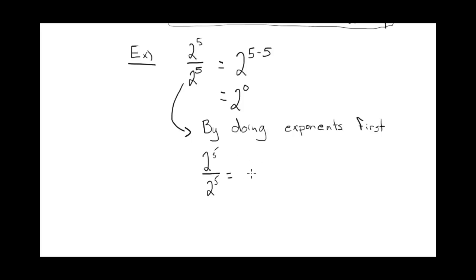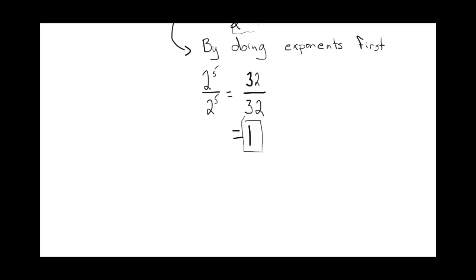Well, 2 to the power of 5 is 32 over 32, which is equal to 1. These are the same thing, so this thing here better be equal to this thing. Therefore, 2 to the power of 0 is equal to 1. And that's true for any base, not just 2.